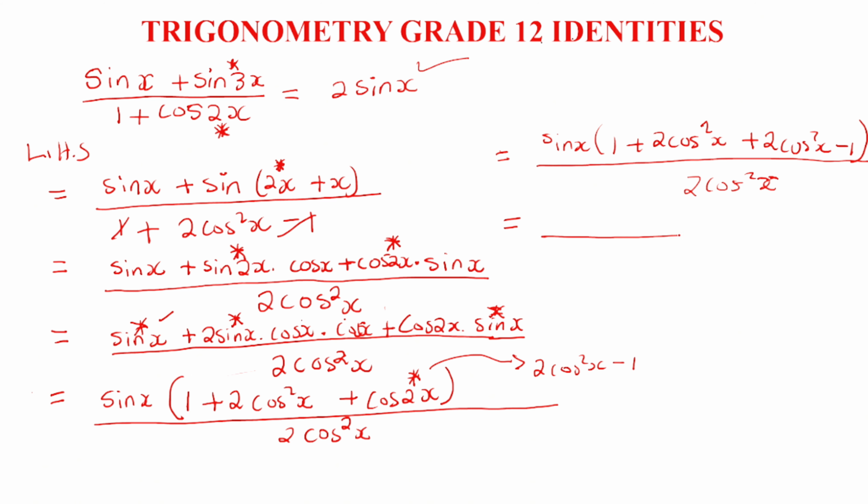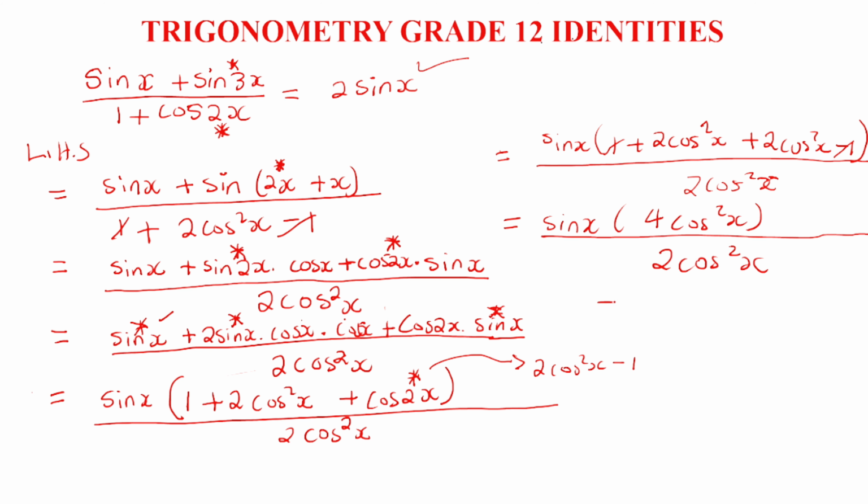So now let's come here. Here, as I see, I've got a positive 1 and negative 1, therefore this would cancel out. Great stuff. Then I'm going to be left with sine x. And then here, what do we have? We've got 2 cos squared x plus 2 cos squared x. When you add them together, because they are like terms, they'll give us 4 cos squared x all over 2 cos squared x.